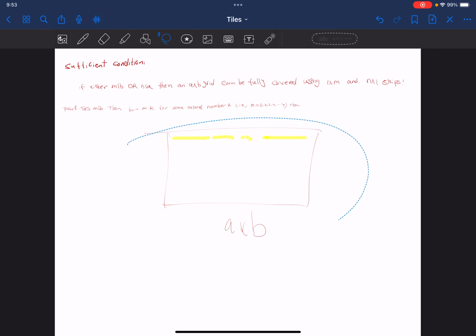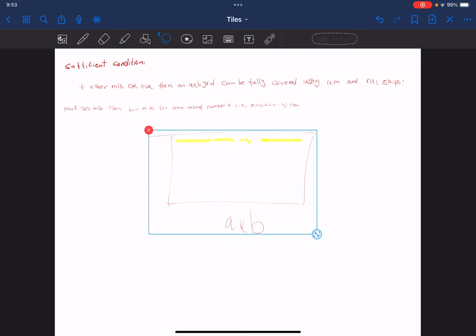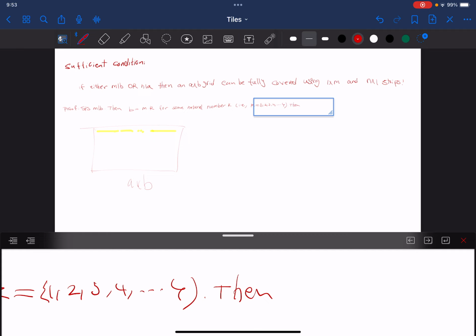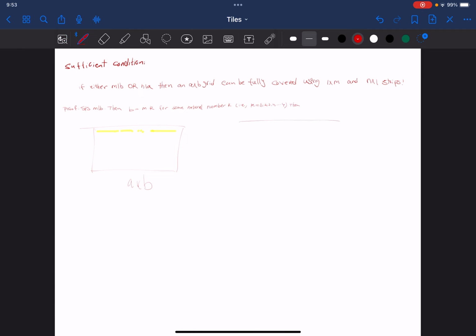So this is one situation. The other situation is where I have my grid and I know that N divides A. So here let's assume that A is N times T for some natural number T. And here we do the same, but instead of row-wise, we cover the entire grid column by column.